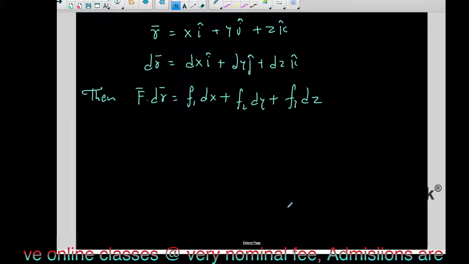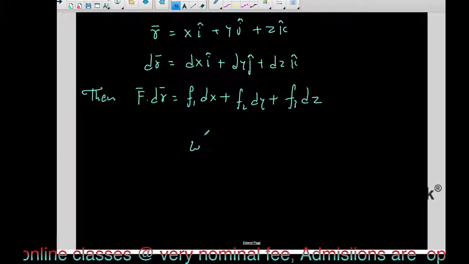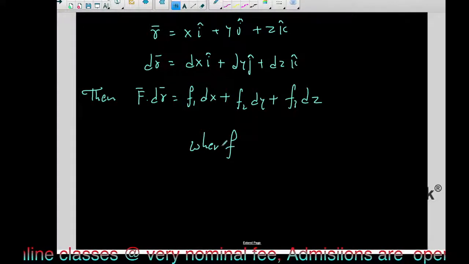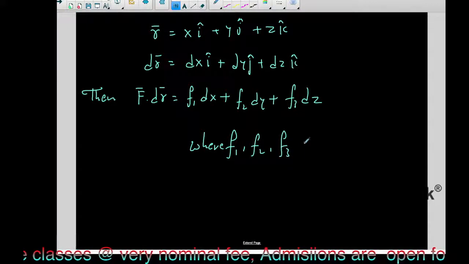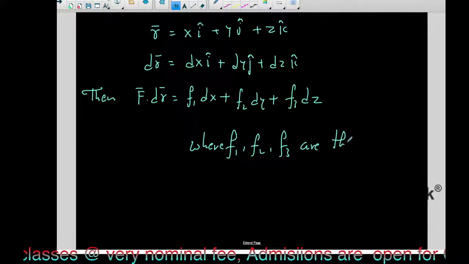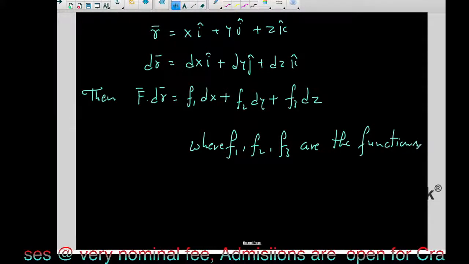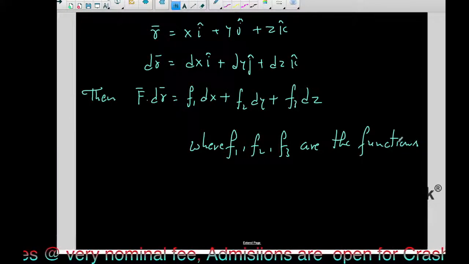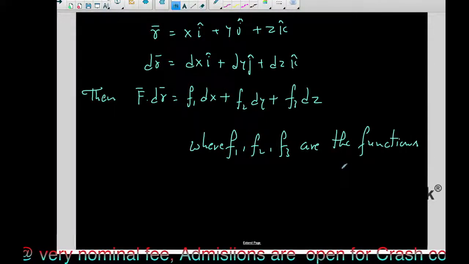Where F1, F2, F3 are the functions, any functions as per the problem, and these are the functions of x, y, z.